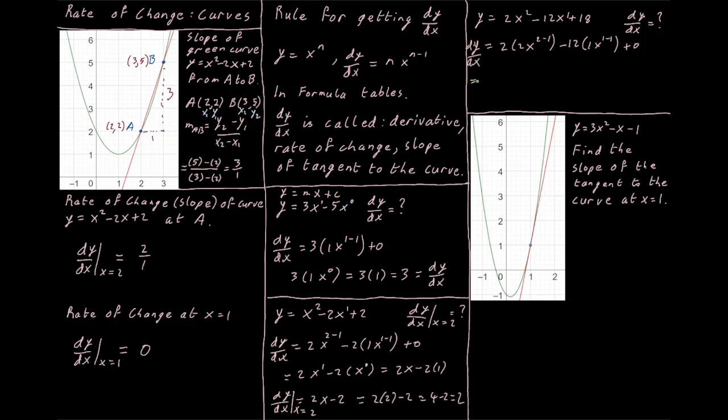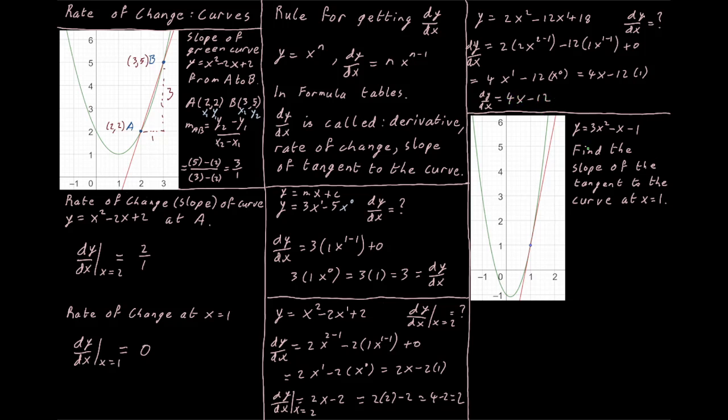And then we have 4 on x to the 1 minus 12 on x to the 0, which is just 1. So we end up with 4x minus 12 by 1. So dy dx is just equal to 4x minus 12.